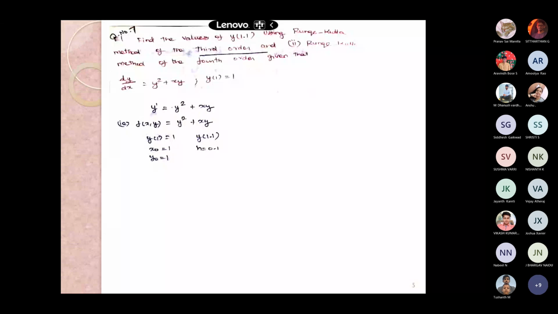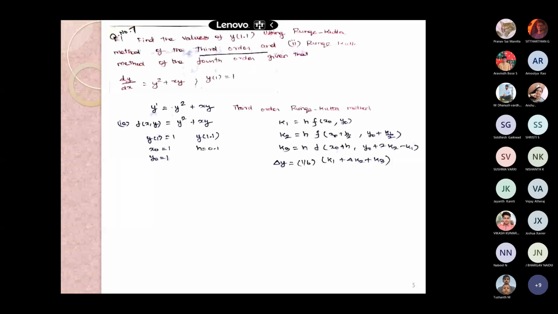That is y dash is given, y square plus yx, and that is f of x comma y. Applying the given boundary 1, 1, we need to find the value of h. The required y value is 1.1 and the given y is 1, so the difference is 0.1.